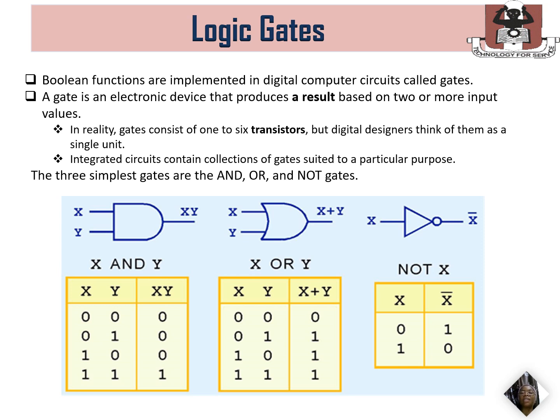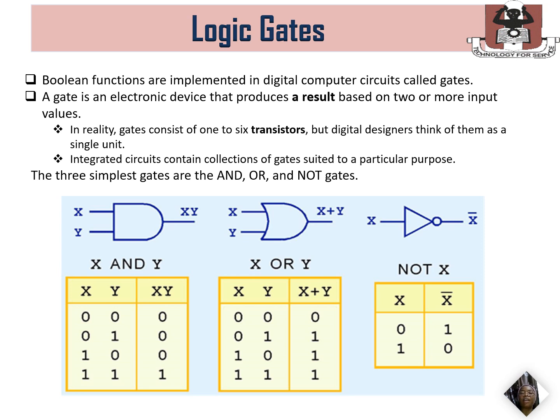So integrated circuits contain collections of gates suited to a particular purpose. The three simplest gates are the AND, OR, and NOT gates. As I explained before, this is their truth table and this is their output.